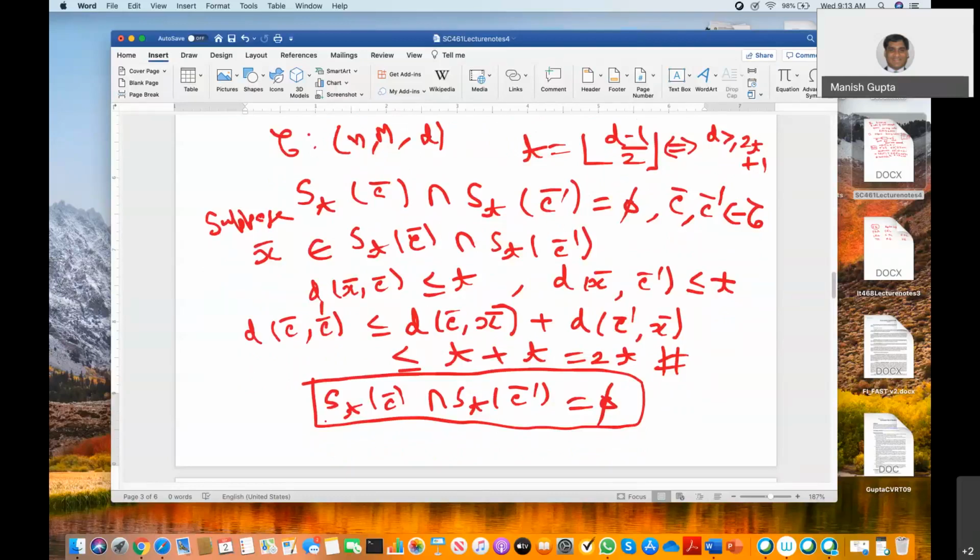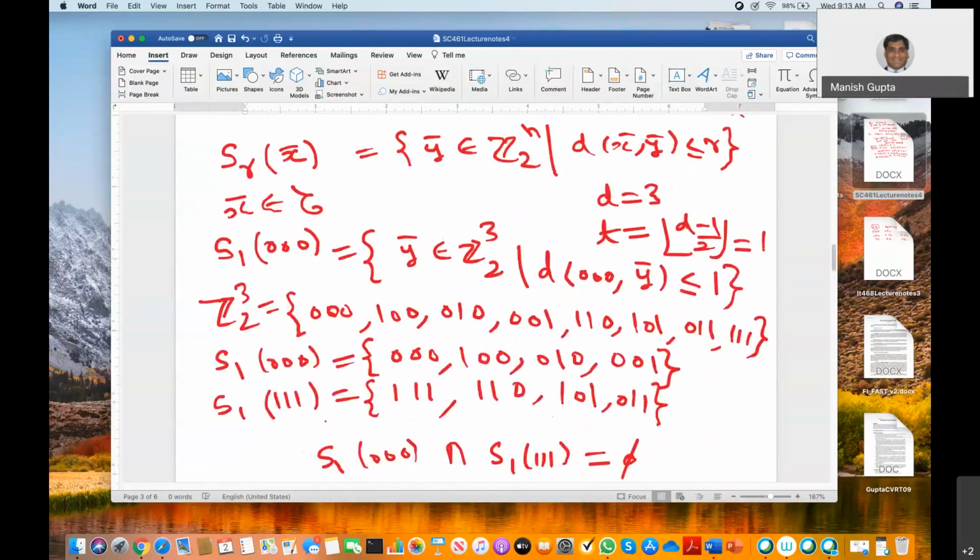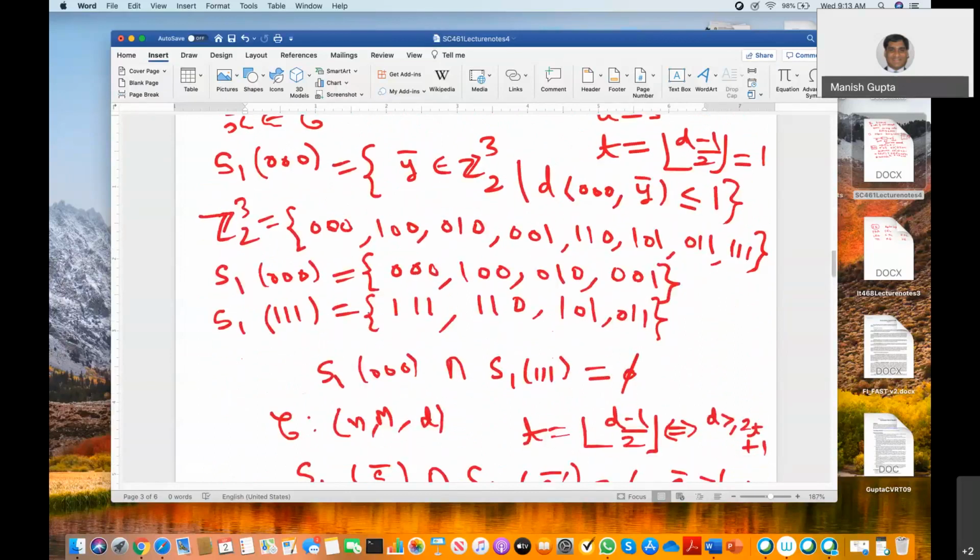Now actually this sphere thing is quite useful in telling us how to correct errors. So let me show you one picture here.